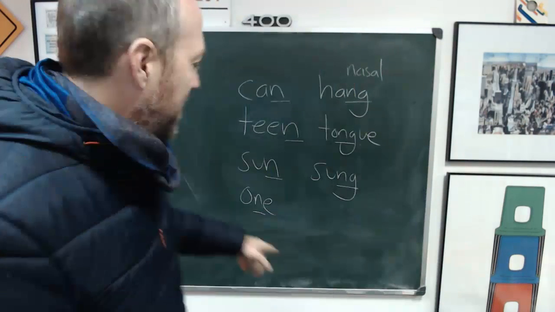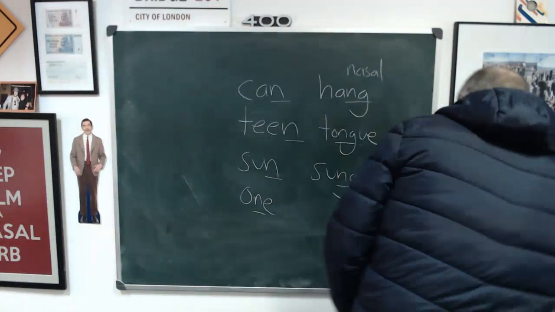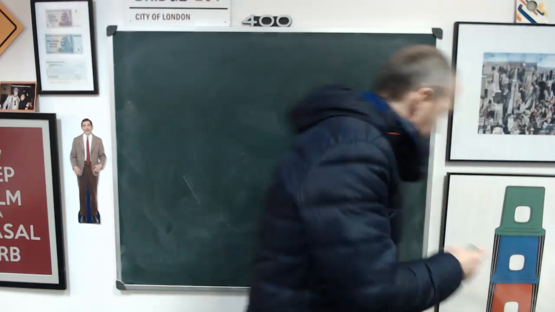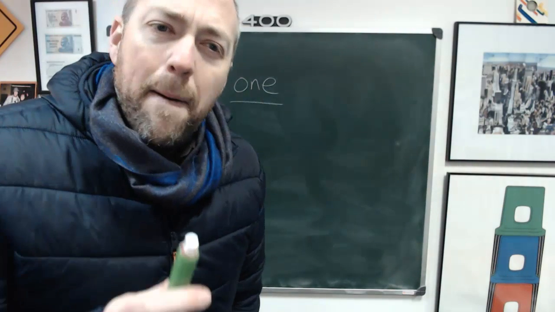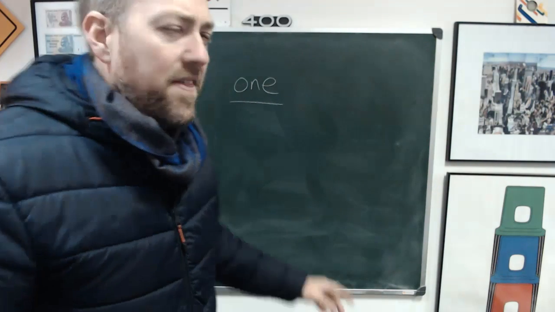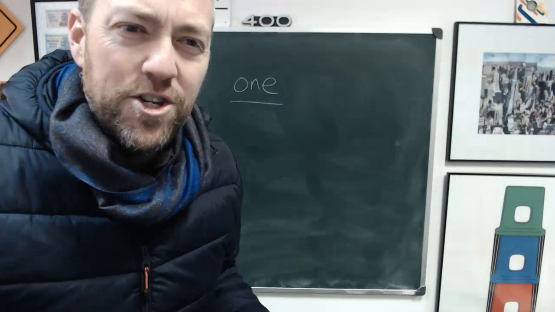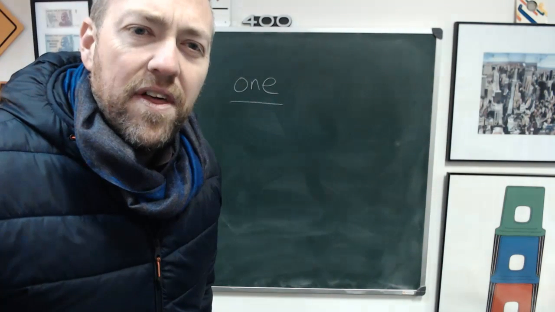Now, one thing I wanted to talk about, because I like to tell little stories, is this word here. One. It's a very interesting word, right? So maybe you think that the pronunciation of this word is a little bit strange, a little bit stupid, because why do we have the sound?